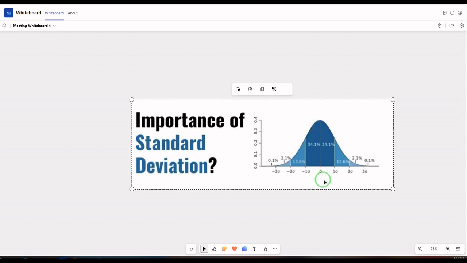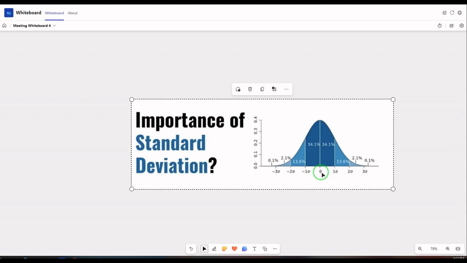So in the normal distribution, data is symmetrically distributed and there is no skew. Most of the values cluster around a central region with values tapering off as they go further away from the center. As you can see in this graph, most of your values are in the darker region, which is one standard deviation around the mean.